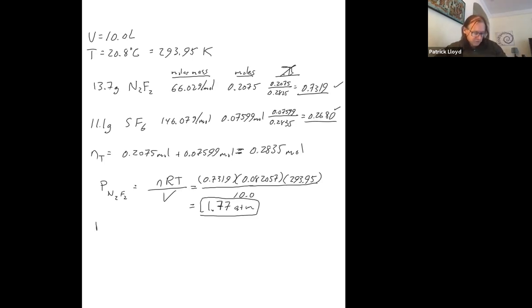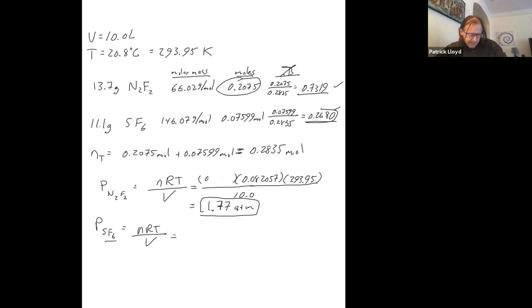Now you can do the partial pressure of SF6. Remember, the partial pressure just means the pressure of one of the gases. That's all that means. So nRT over V. Of course, this is going to be for SF6, so you're going to use the moles of SF6. Oops, my apologies. I made a mistake here. You want the moles, not the mole fraction.